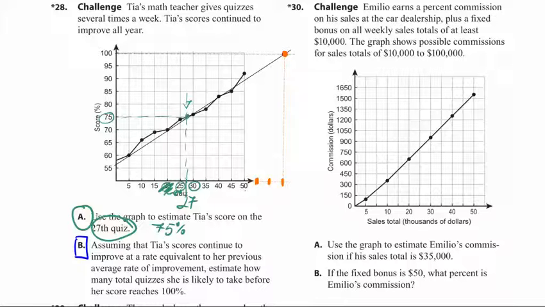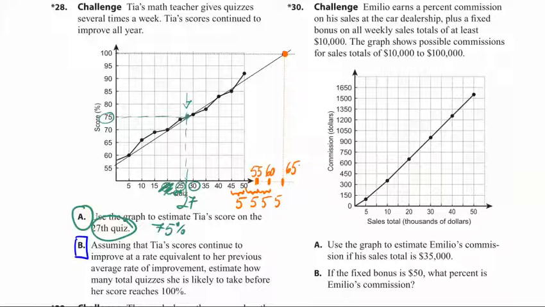And as you can see, each one of these units that we're using here as our scale is basically 5 quizzes. 5 quizzes, 5, 5, right? This was the 50, so it's going to be the 55th, right? This is going to be the 60th, and this is going to be the 65th, right?